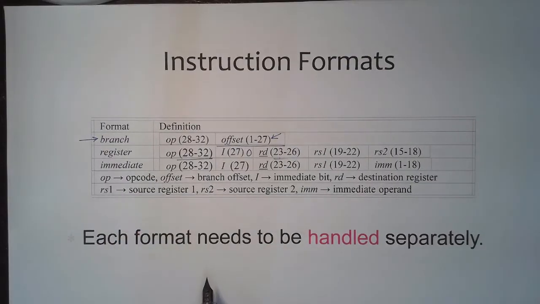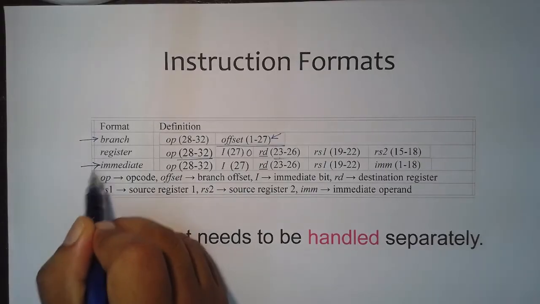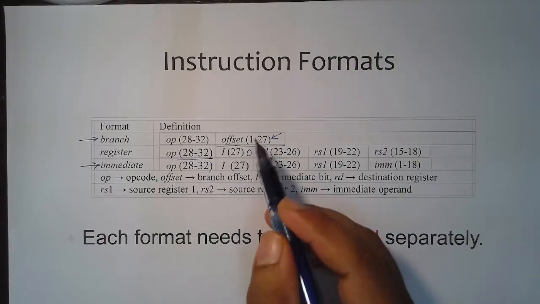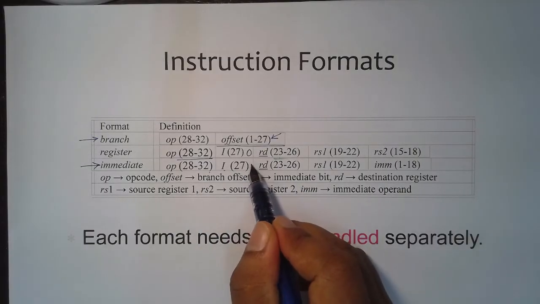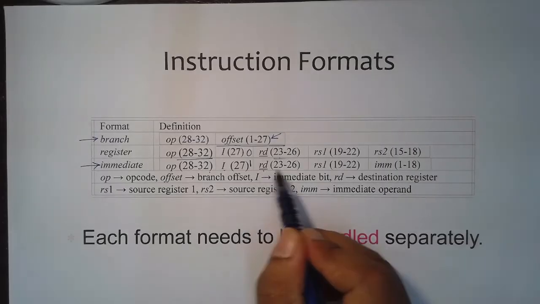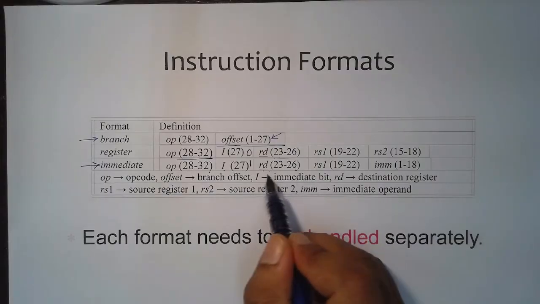Now, the other instruction format which is also very important is the immediate. Here we have a similar 5 bits for opcode. This I bit will be 1 in this case, because we have an immediate value. Then the destination is a register, with the address in the same location.